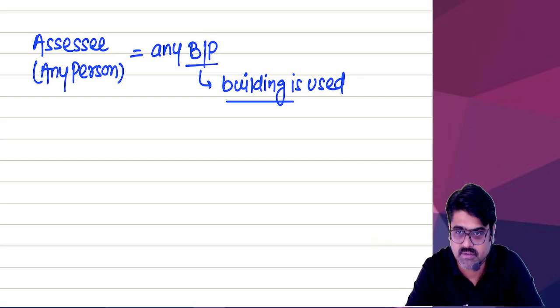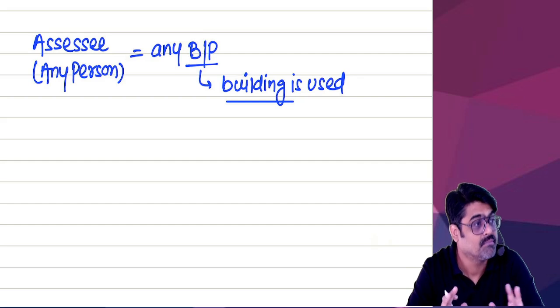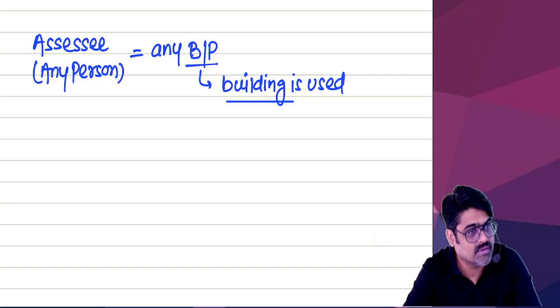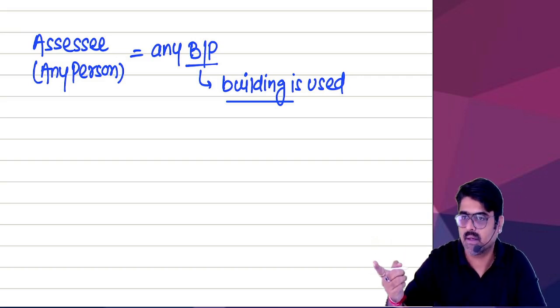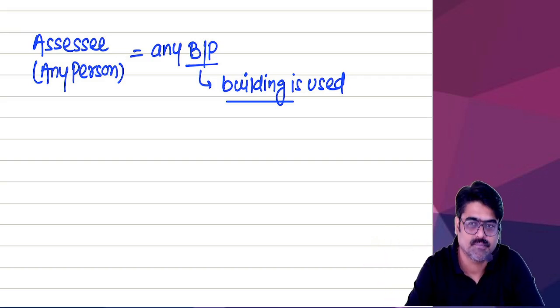So you are doing a business in some premises. That is nothing but building used for the purpose of business or profession. Now, some expenses you might incur for this building also.